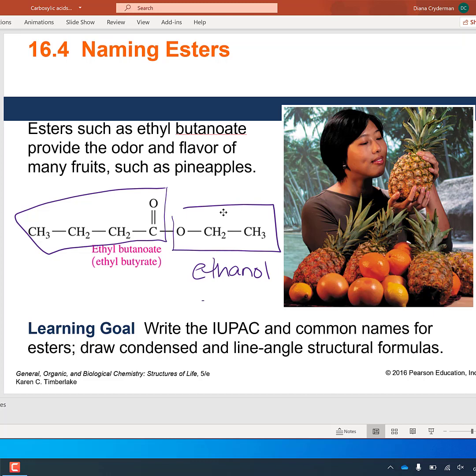So we're going to name this overall the alcohol's name first, but we're just going to drop the "-ol" and give it just an ethyl. Ethyl butanoate. So it's as if we have this carboxylic acid ion attached to an ethyl group. I guess you can look at it that way.